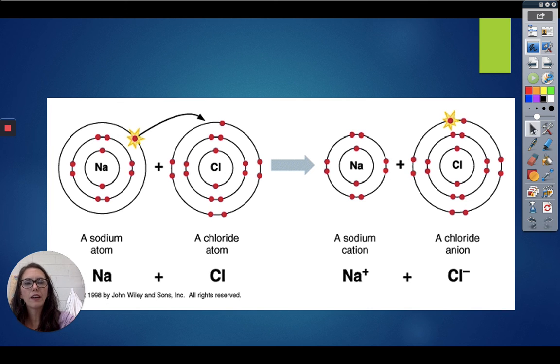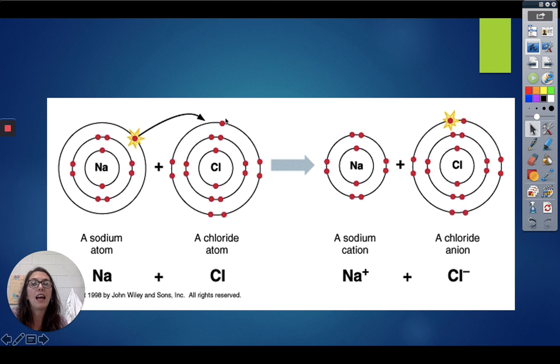So I want you to look at it, and I want you to try to figure out how, if you saw this picture, how would you know that it was an ionic bond? Okay, well, what I see, first of all, is I see that one electron from the sodium atom is being given to the chlorine atom. So when this sodium ion loses that electron to the chlorine, it now has only 2 energy levels, and its second energy level is full, so it's happy.